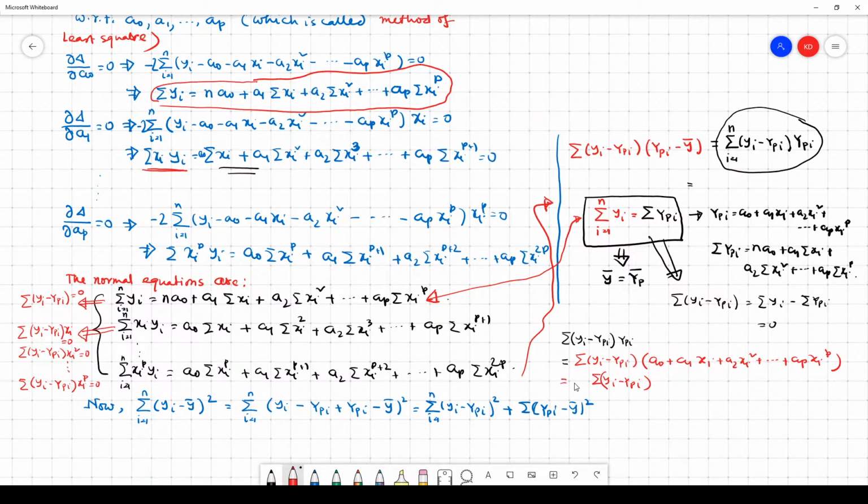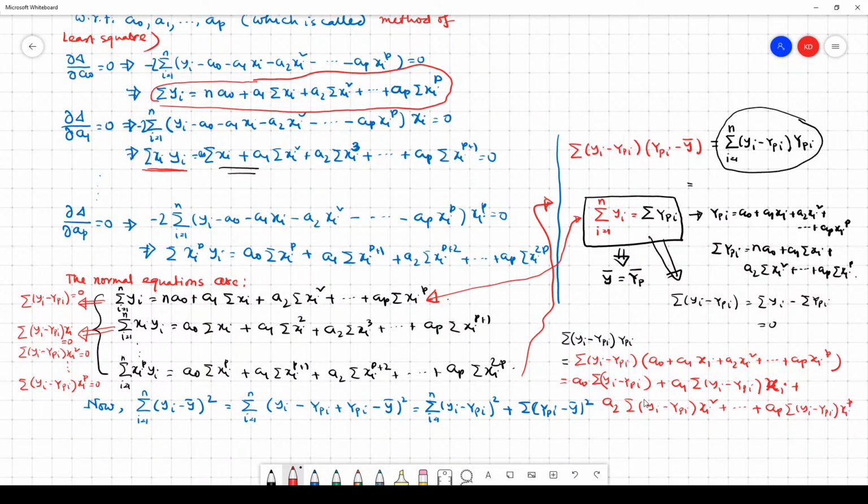So this is a naught sum of yi minus Ypi plus a1 sum of yi minus Ypi xi plus a2 sum of yi minus Ypi xi square plus ap sum of yi minus capital Ypi xi to the power p.